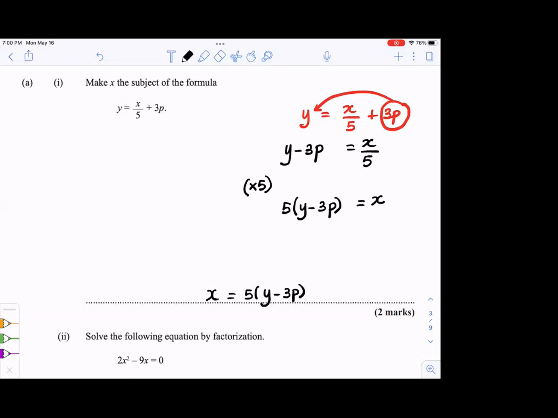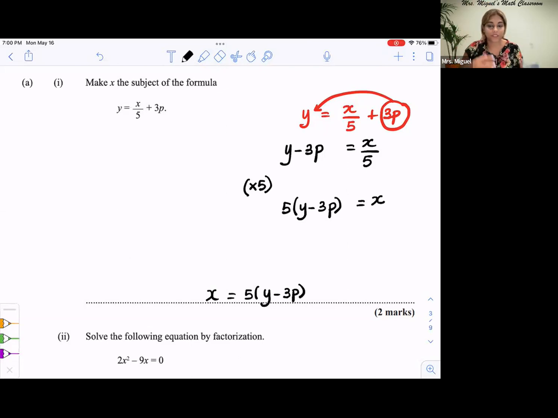Now, I want you to be mindful of what you are doing, especially in the subject of the formula. Look at this. This is what I want to get. So I must remove this. And the only way to remove this is by taking it to the other side. When I remove it here, it becomes a negative.